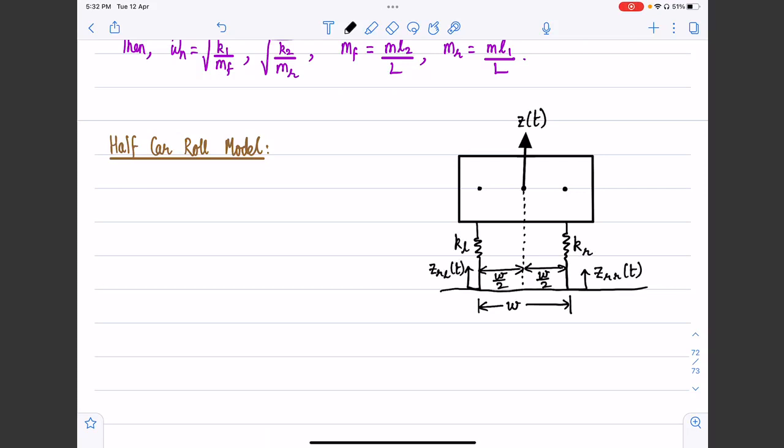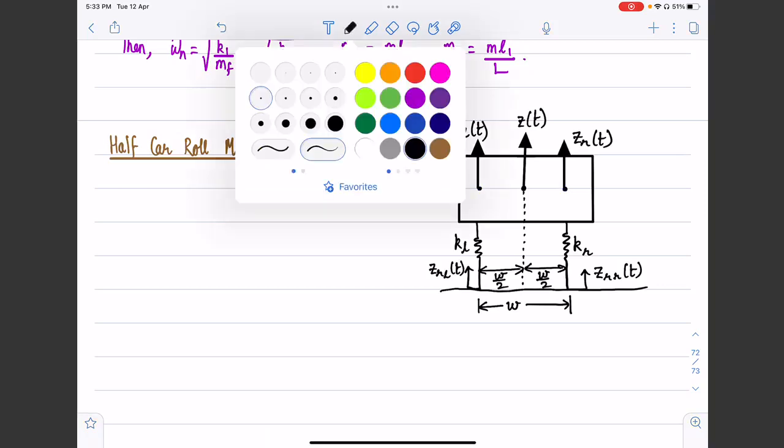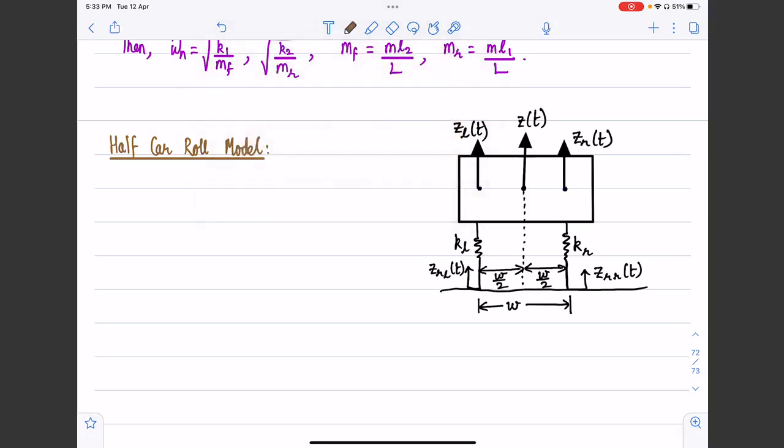Consequently, let's call the heave motion of this contact point ZLT and the heave motion at this contact point ZRT. Now, if you look at this model, this is also a 2-degree of freedom model.